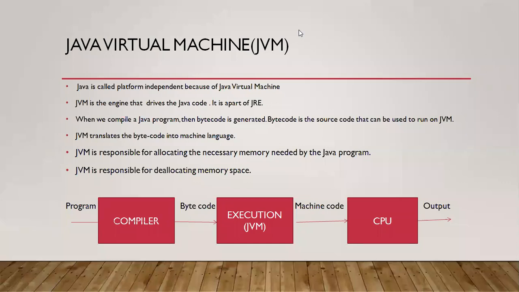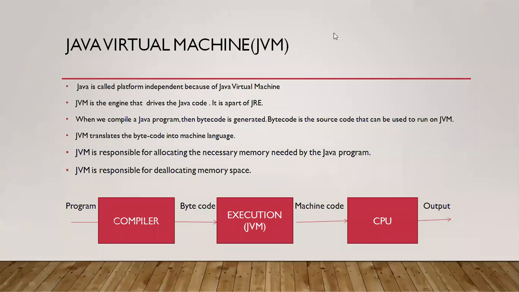As we discussed in the previous class, every programming language's program execution has two steps. The first step is compilation, and the second step is execution. The first part is compilation of that program, the second part is execution of that program.